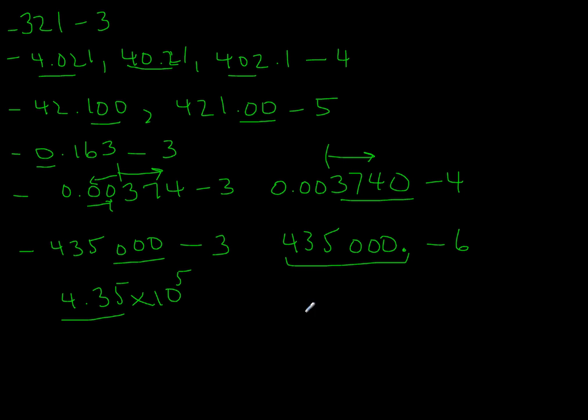If we were going to show all of these as being significant, expressed in scientific notation, it would look like this: 4.35, and you'd have to express those zeros, times 10 to the 5th. In this particular instance, we would say there are 6 significant digits, and in this one, we would say there are 3.